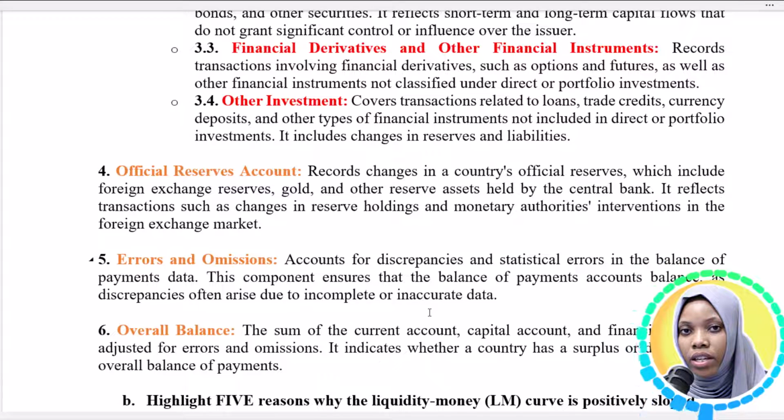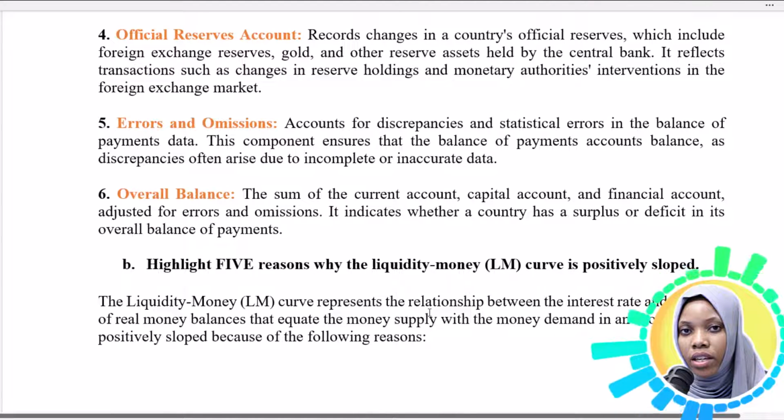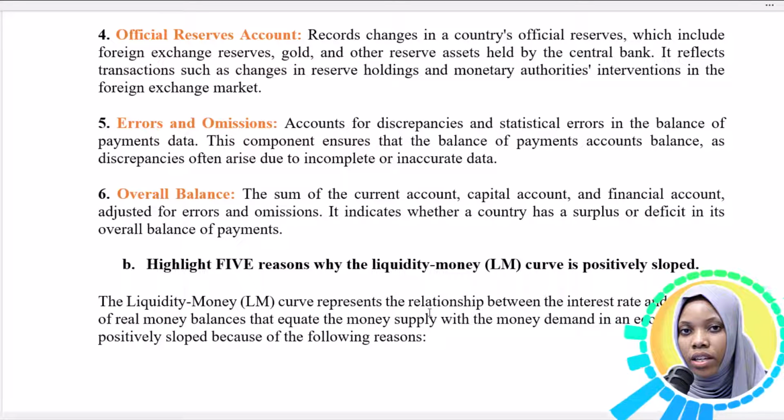That is what the errors and omissions component does under the balance of payment. This component ensures that the balance of payment accounts balance, as discrepancies often arise due to incomplete or inaccurate data. So the balance of payment must balance. There should be no errors.